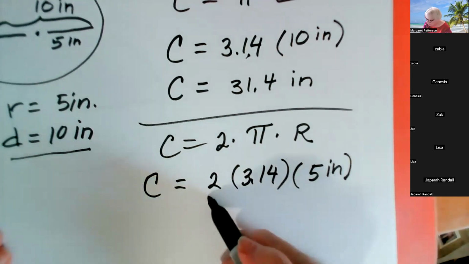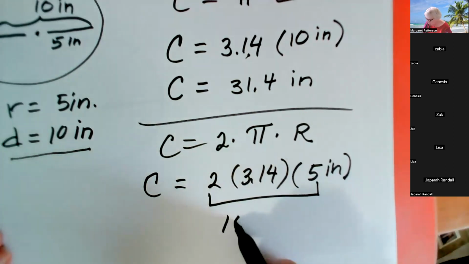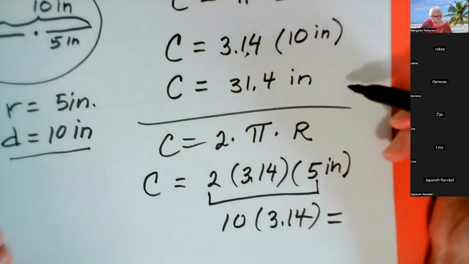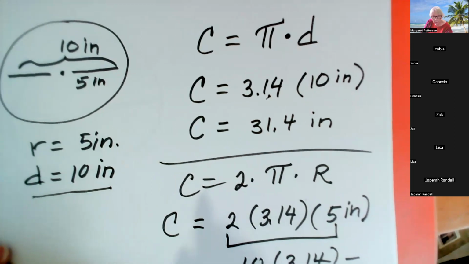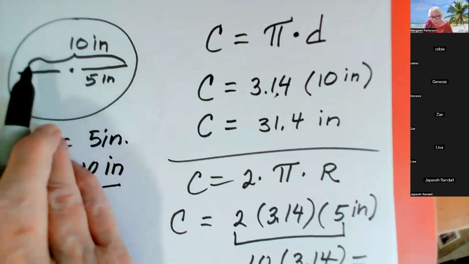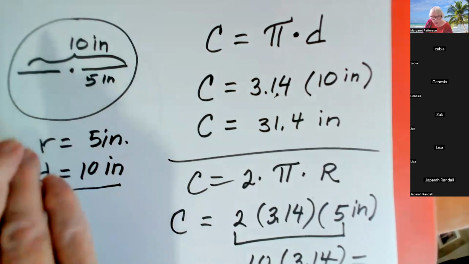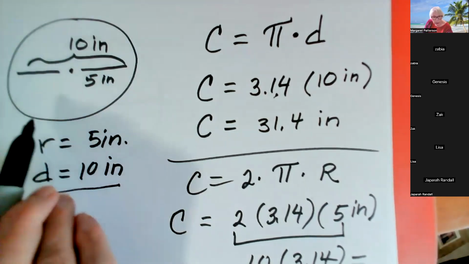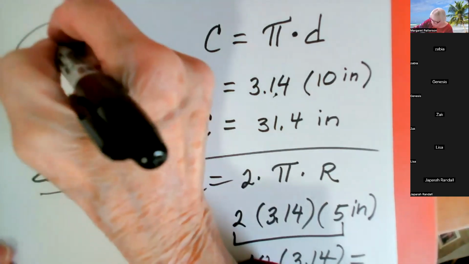Because if you multiply the 2 times 5 first, it would be 10, and then 10 times 3.14 would give you the exact same answer. So it's just whichever one you memorized. Sometimes they'll give you the diameter and sometimes they'll give you the radius, so you have to be able to go back and forth between the two. Usually it's easiest to see on the picture.